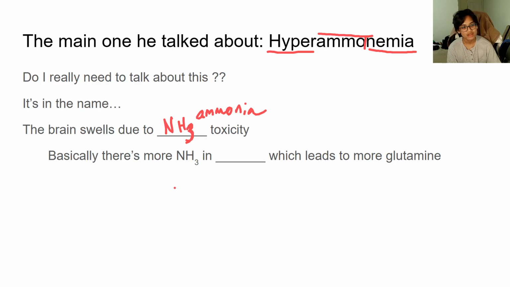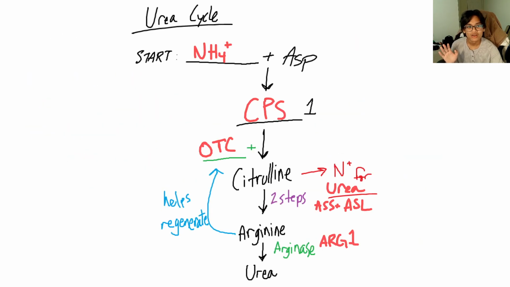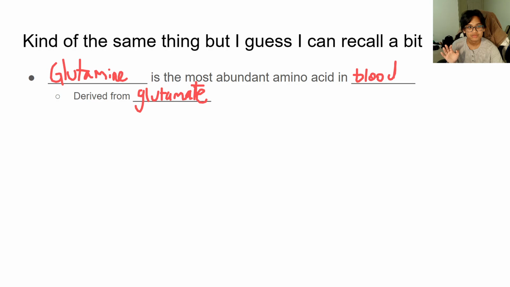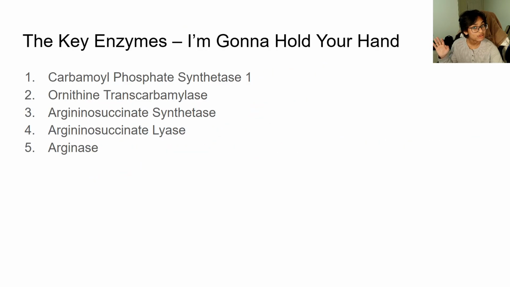When there's more NH3 in astrocytes, it leads to more glutamine. And glutamine, what's that for? The carrier of, come on, please. The carrier of the nitrogen. Now it's making sense.